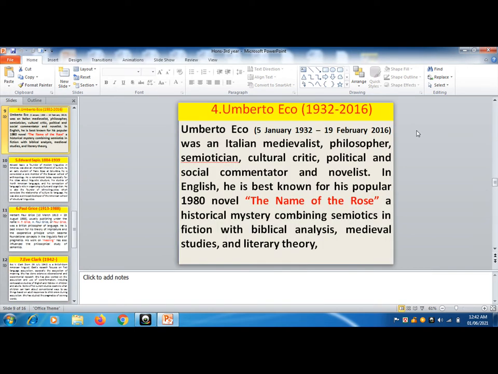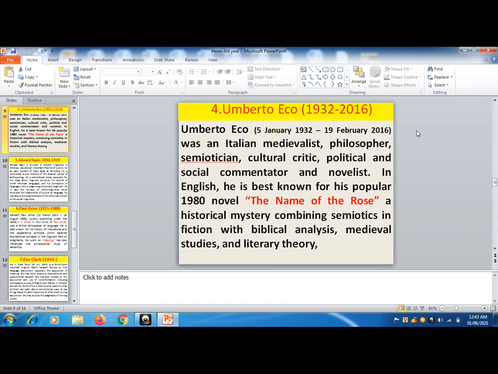Number 4, Umberto Eco. This linguist was born in 1932 and died in 2016. Umberto Eco was an Italian medievalist, philosopher, semiotician, cultural critic, political and social commentator, and novelist.